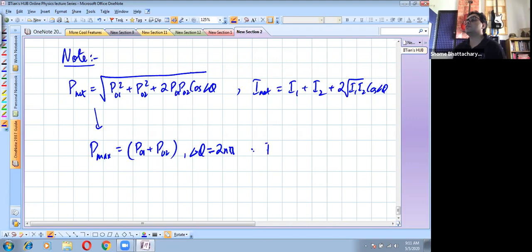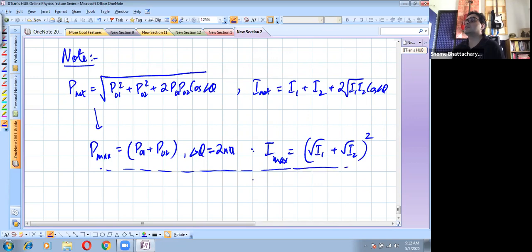And the corresponding maximum intensity that we get, if you substitute cos delta phi as plus 1, becomes square root of I1 plus square root of I2, squared. This is constructive interference.